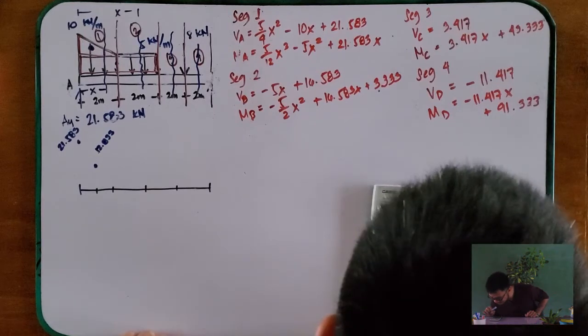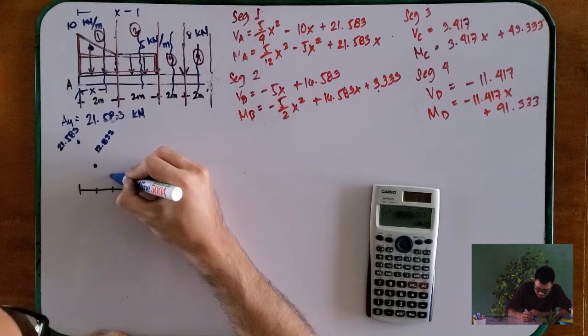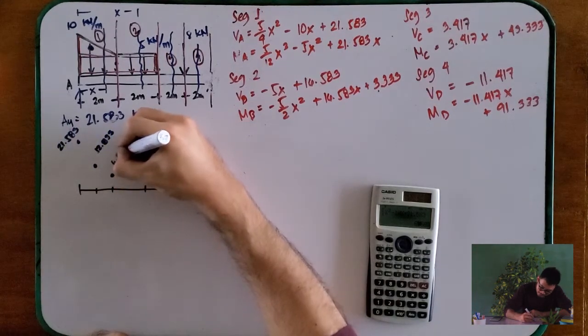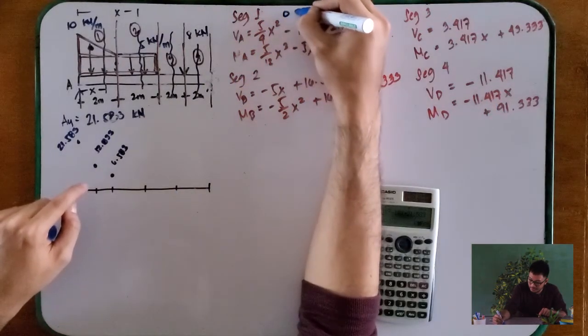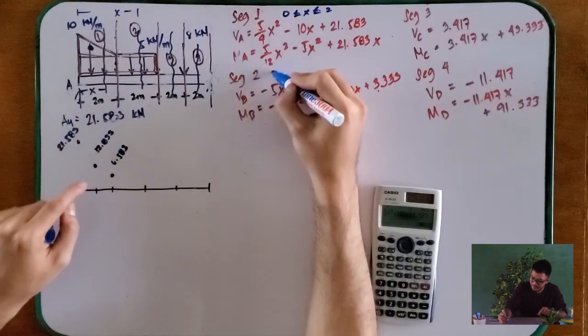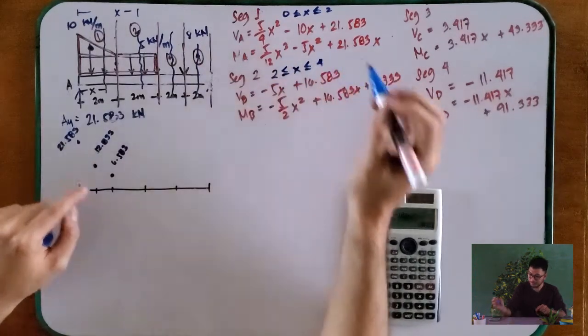Your answer is 6.583, somewhere right there. Please graph it properly, because my graph is only an estimate, so don't imitate it. So this is from 0 to 2, and this one is 2 to 4.